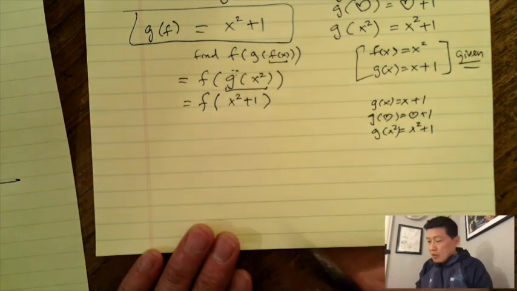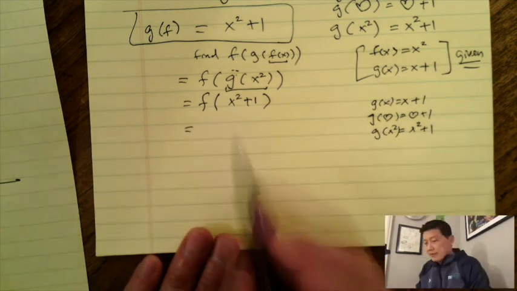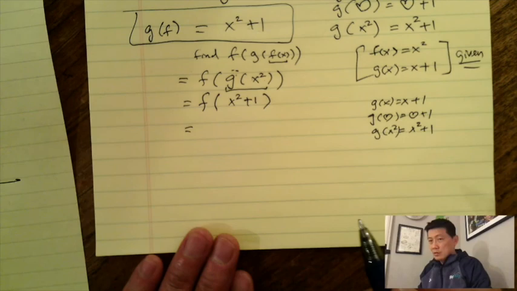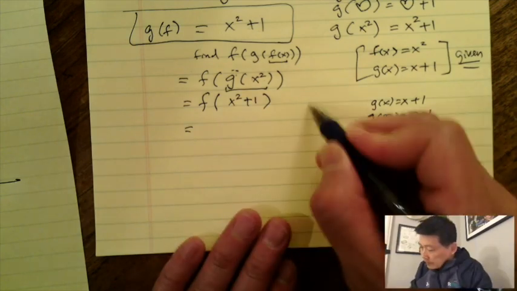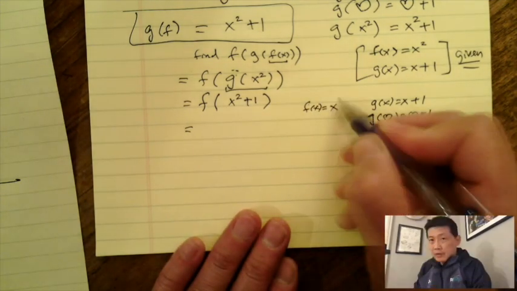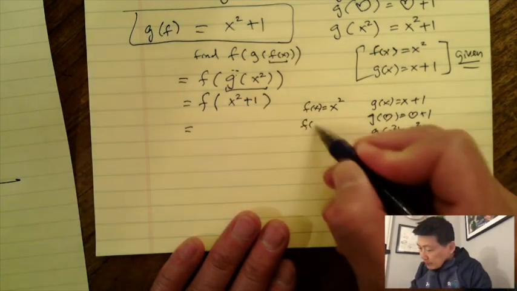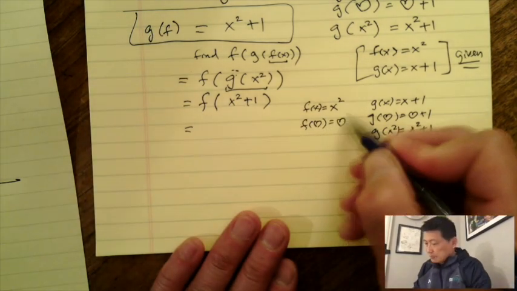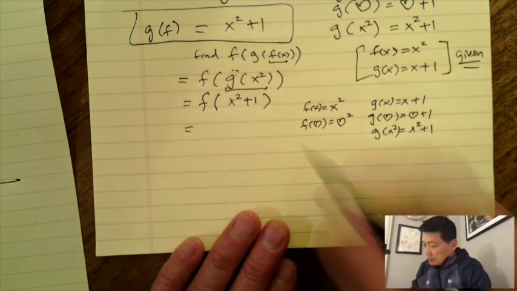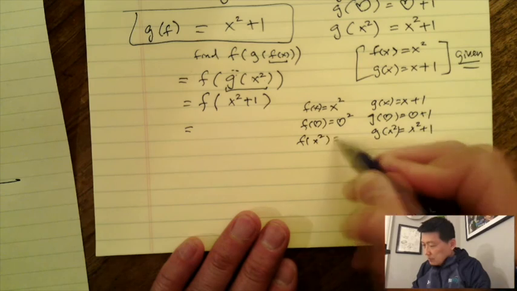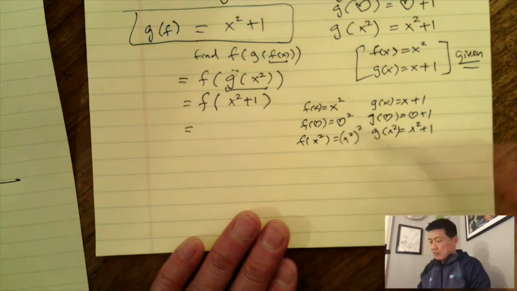So then the next question is, what is f of x squared plus 1? Now remember, f of x is equal to x squared. That means f of heart is heart squared. That means f of x squared is x squared squared.